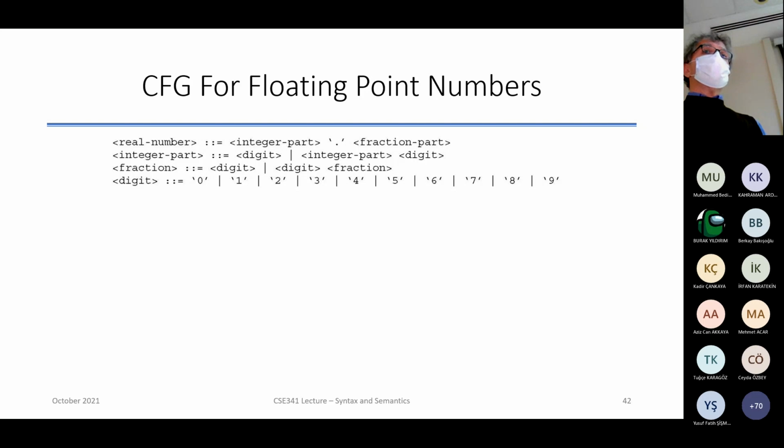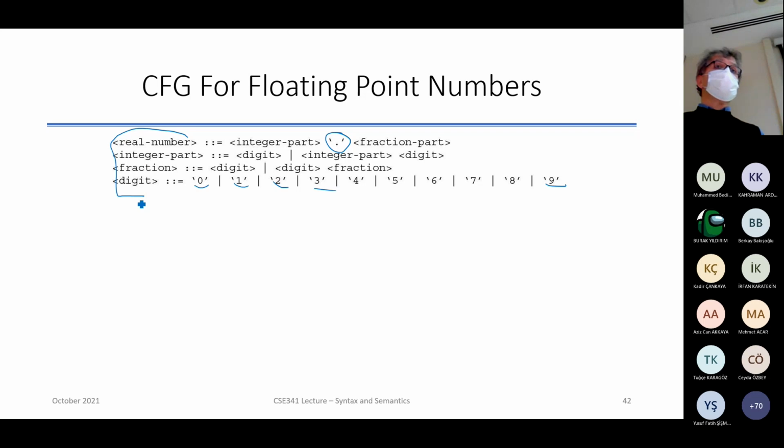Right. So you see an example here. I'm describing a real number. My terminals are digits 0, 1, 2, 3, up to 9, and a dot. That's it. These are my terminals.